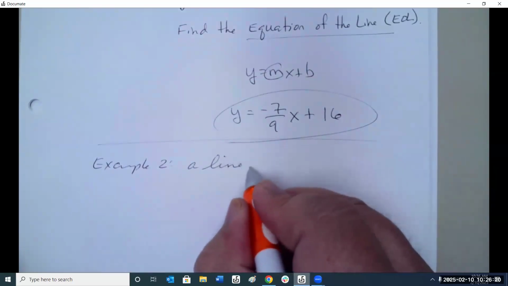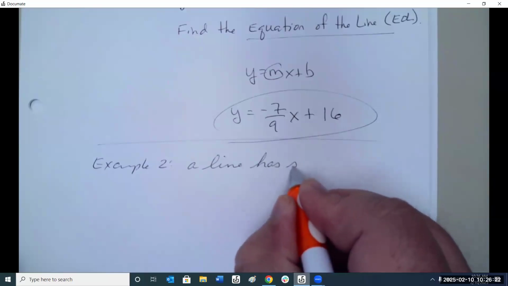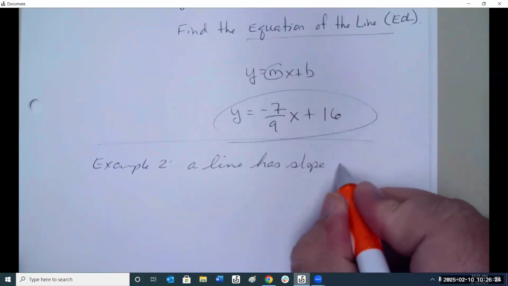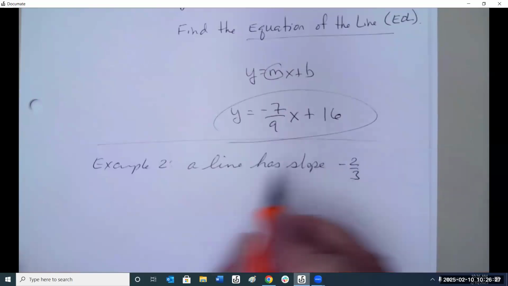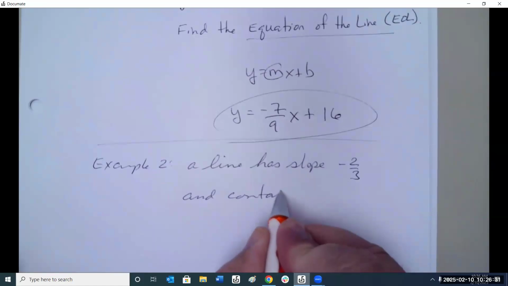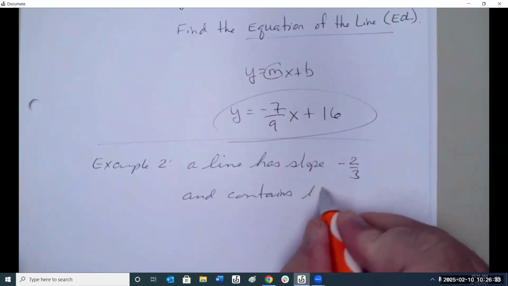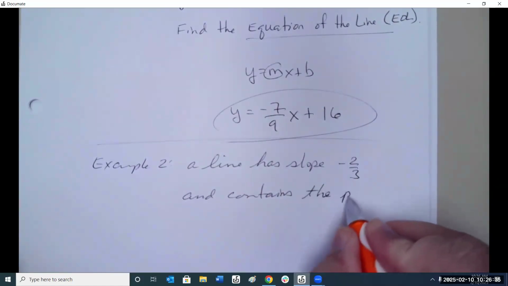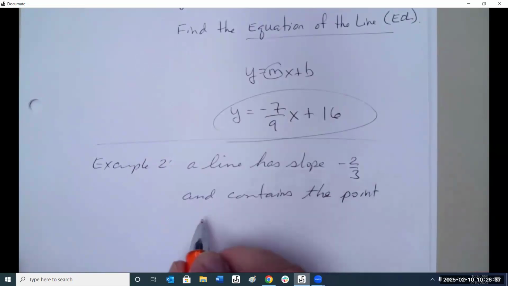A line has slope -2/3 and contains the point -3, 6.